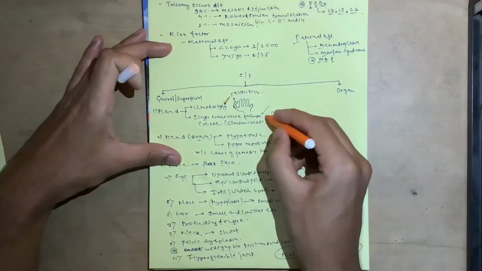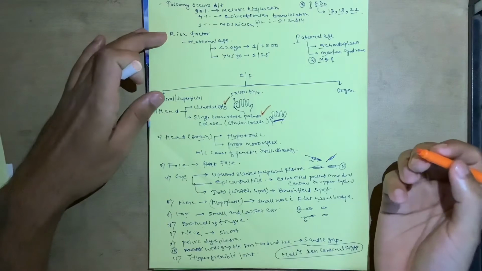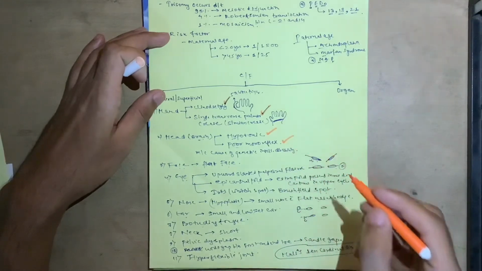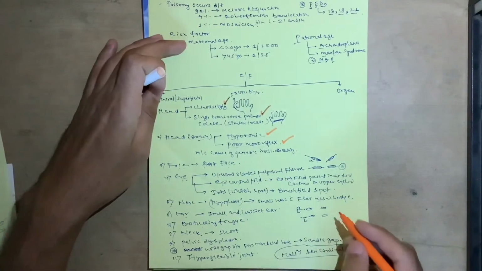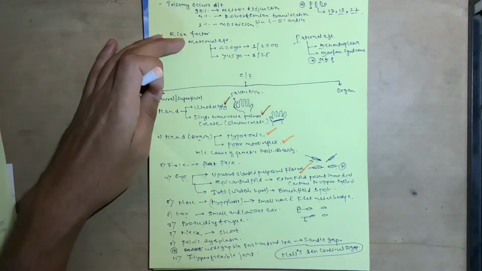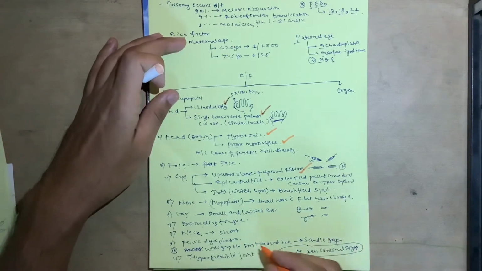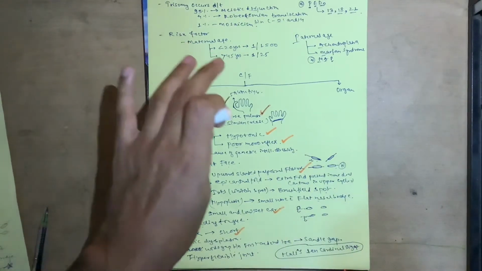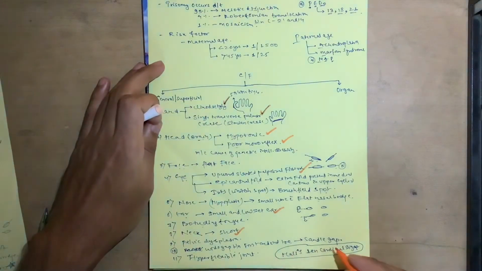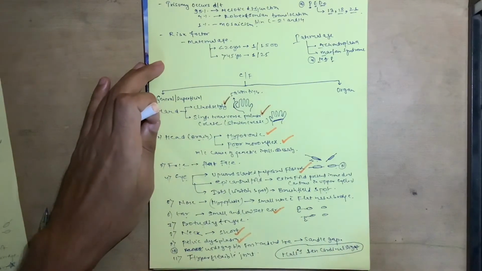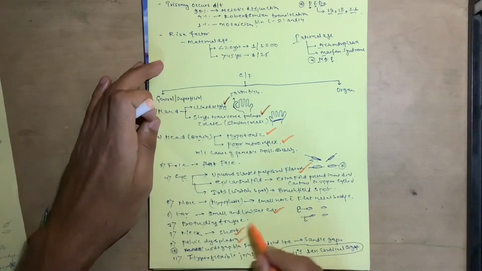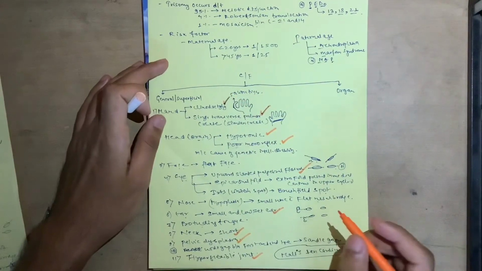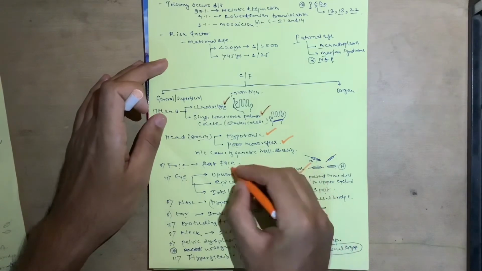It comprises clinodactyly, single palmar crease, hypotonia, poor Moro reflex, upward slanted palpebral fissure, short neck, low set ear, pelvic dysplasia, hyperflexible joint, and the last one being the flat face.